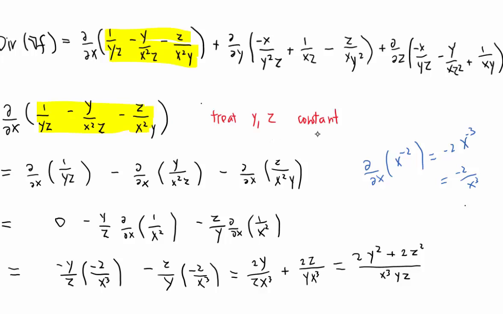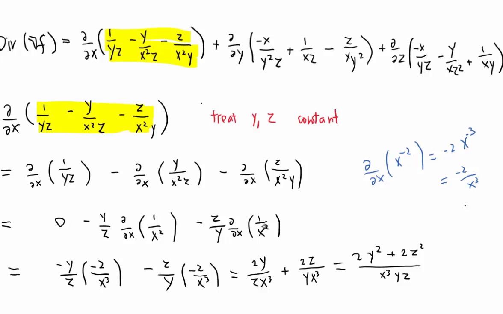Now, split them into three terms. The first term is 1 over yz. Since 1 over yz is constant, the partial derivative with respect to x gives you 0. For the second term, y and z are constant, so you pull out y and z, and you are differentiating 1 over x squared. Same thing for the third term: z over y is constant, so you're left with differentiating 1 over x squared with respect to x.